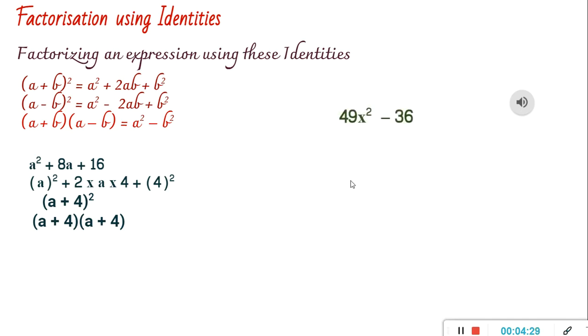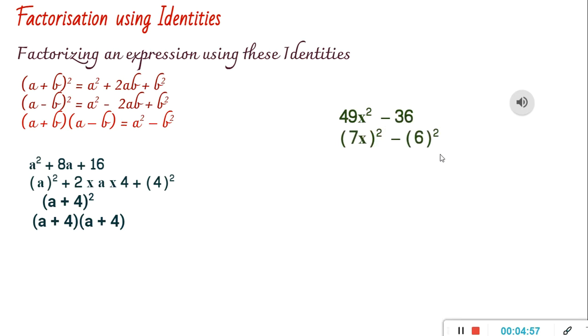Now let us look at one more expression: 49x square minus 36. Do you have 3 terms here? No, you do not have 3 terms, right? Okay, fine. So what do we do here? At the same time, you see that both these terms are perfect squares, because 49x square can be written as (7x) whole square, because 7 into 7 is 49. x square is again the square of x.